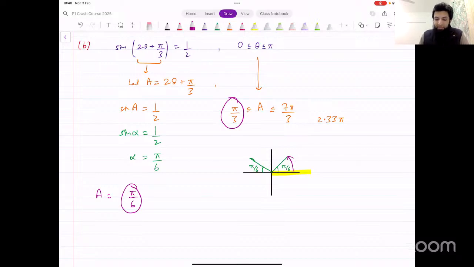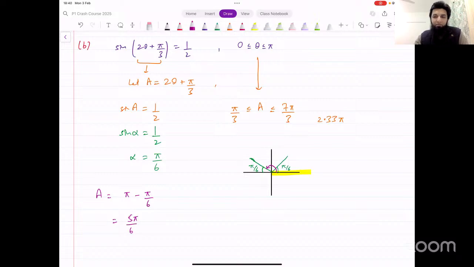It's outside the interval, so we have to ignore this angle in the first quadrant. We go further to the second quadrant. Angle on a straight line is pi. Pi minus pi over 6 gives us 5 pi over 6. That's the first value of A that we get inside this interval.